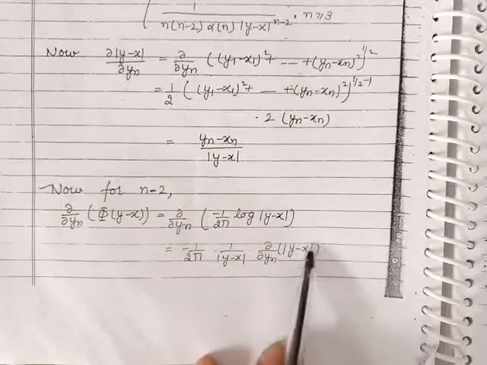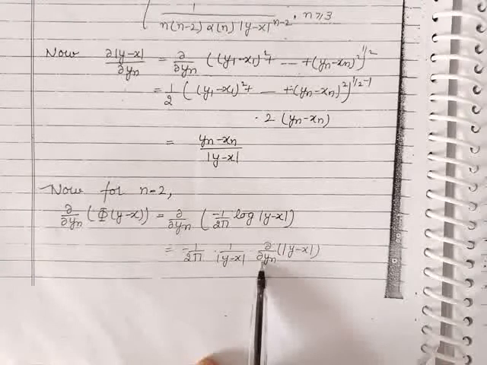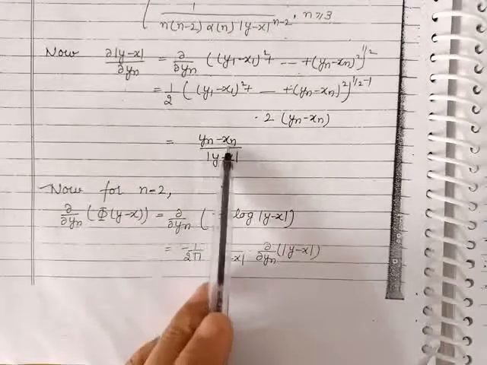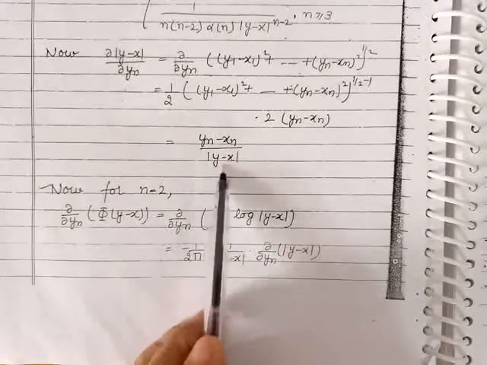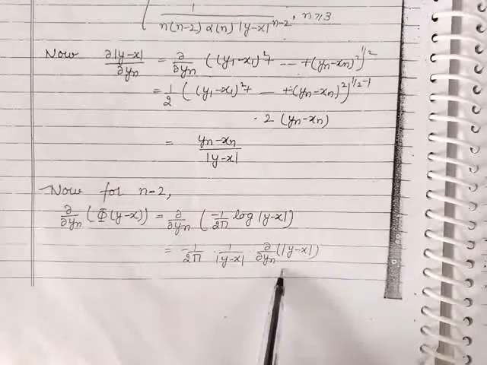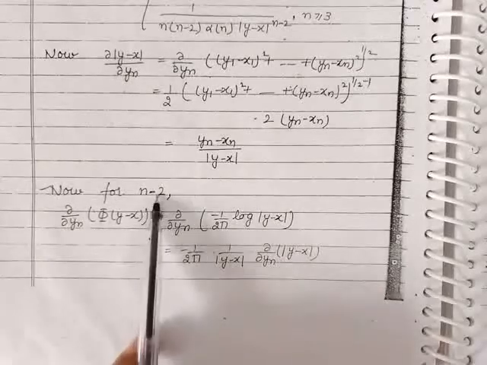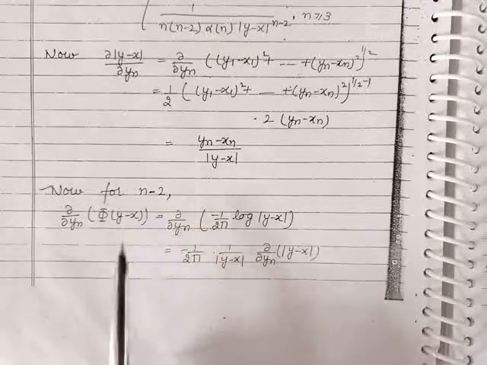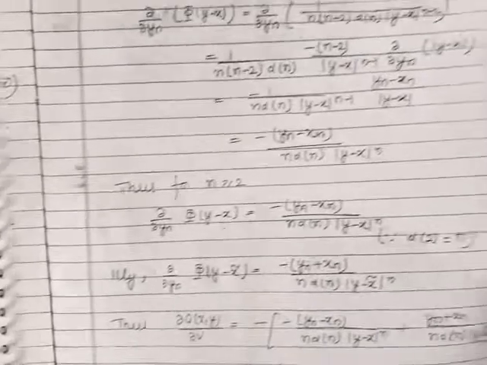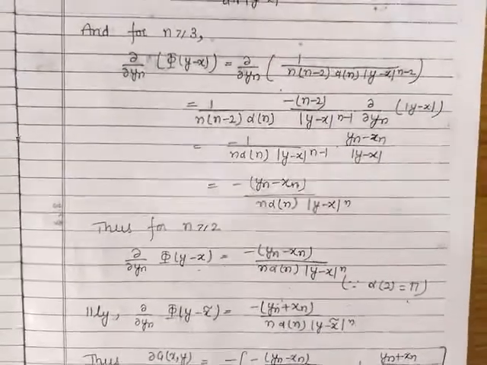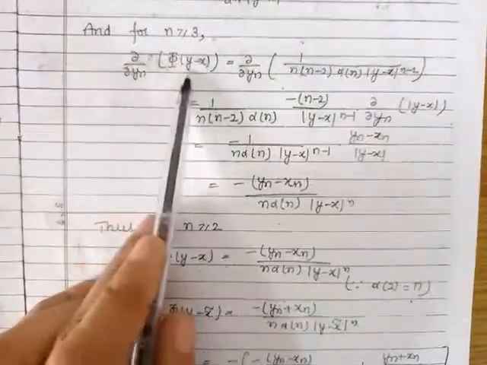Now the derivative of this term with respect to yn is given by yn minus xn upon y minus x mod. So putting the value here, we obtained this derivative for n is equal to 2. Now for n greater than or equal to 3, let us find the derivative of this function with respect to yn.